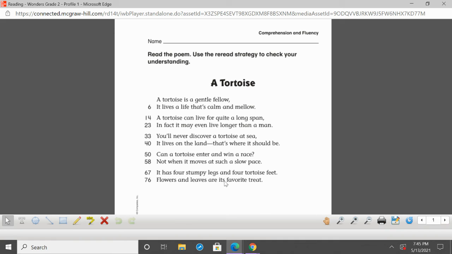All right, so now that you have your detail, I want to tell you what I thought was a key detail from that. So out of this last little bit, an important detail I found was that a tortoise eats flowers and leaves. I think that's an important detail for learning about a tortoise, is what they eat, because without food, you can't survive. So I think that's an important detail.